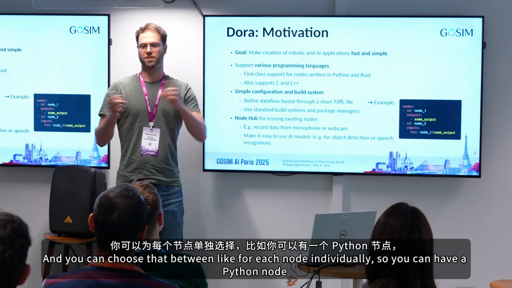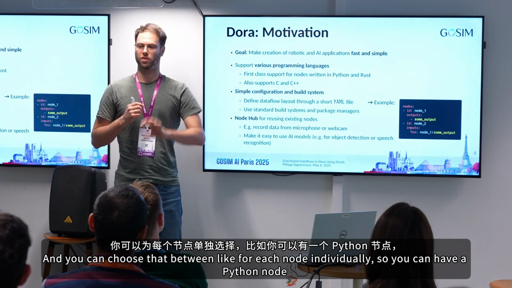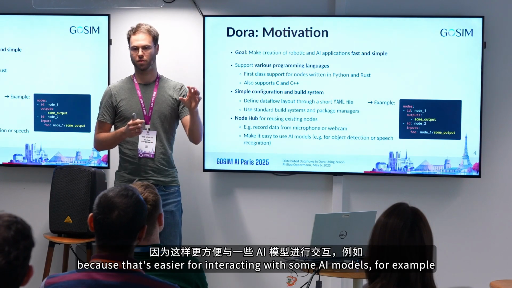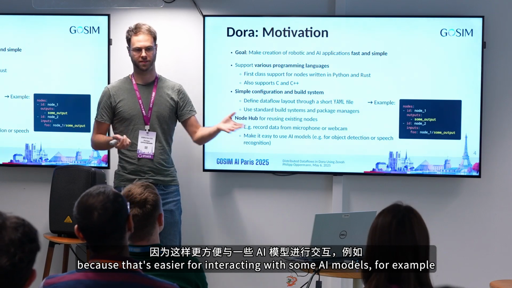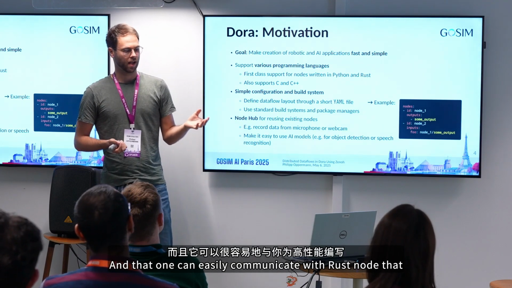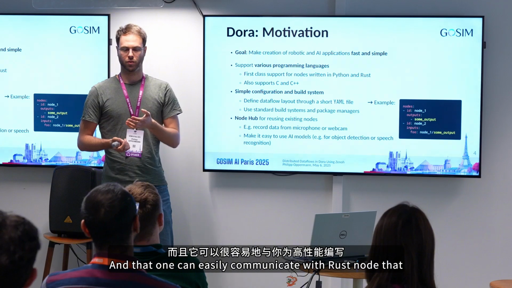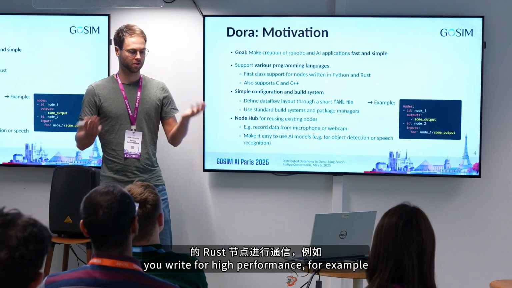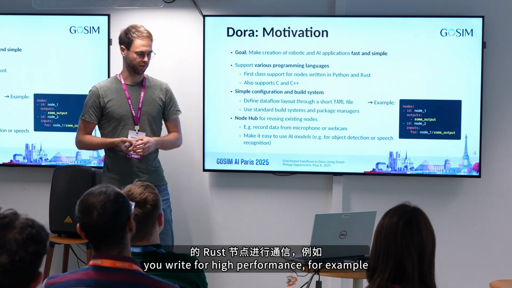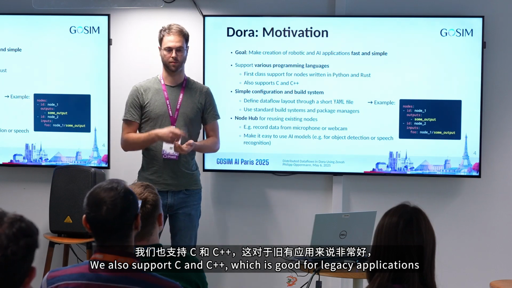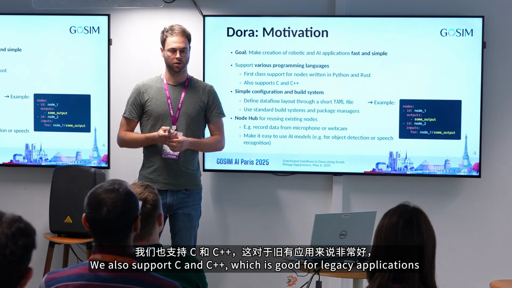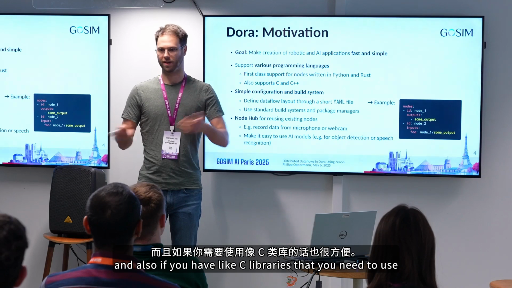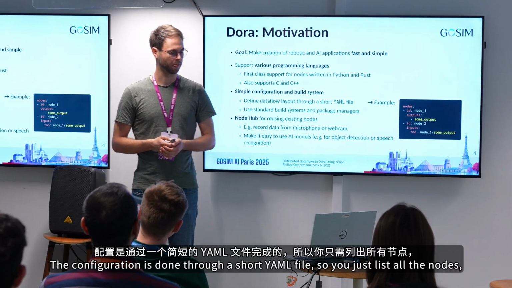And you can choose between them for each node individually. So you can have a Python node because that's easier for interacting with some AI models, for example. And that one can easily communicate with a Rust node that you write for high performance, for example. We also support C and C++, which is good for legacy applications and also if you have C libraries that you need to use.